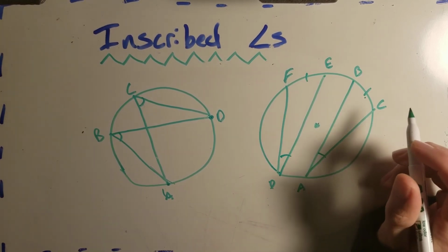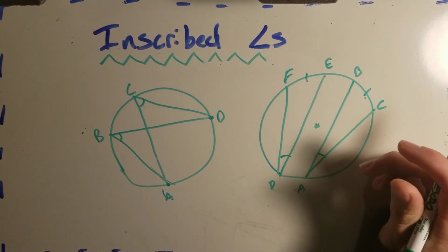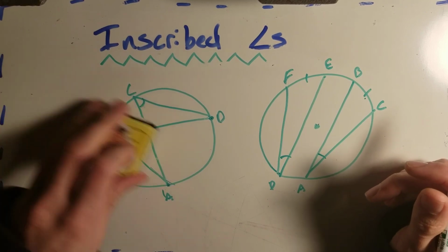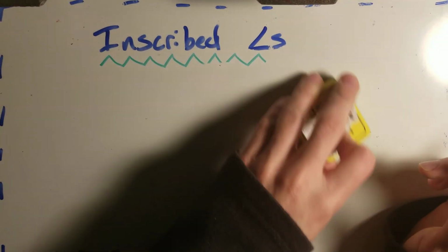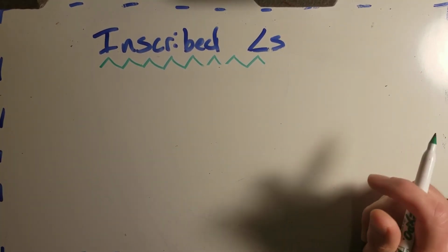That's what this theorem is stating. We'll do a little example with this one, and then I'll give you some to try on your own, to see if you recognize these relationships.